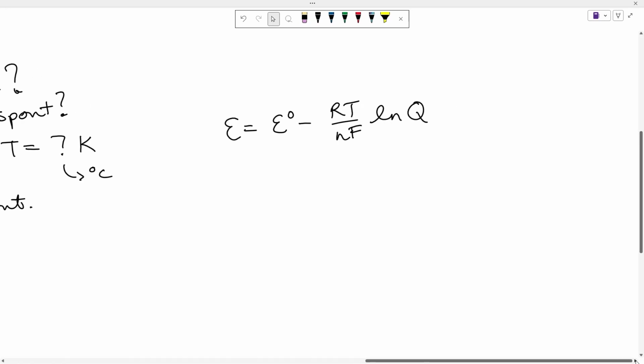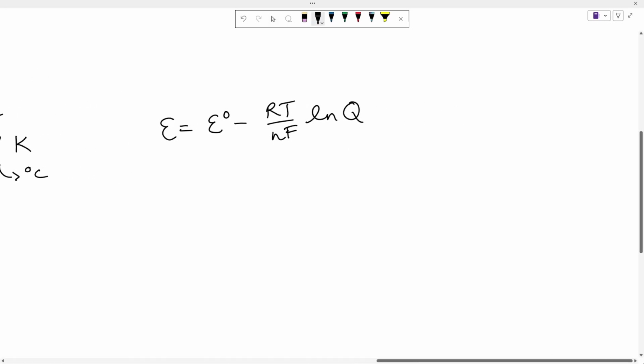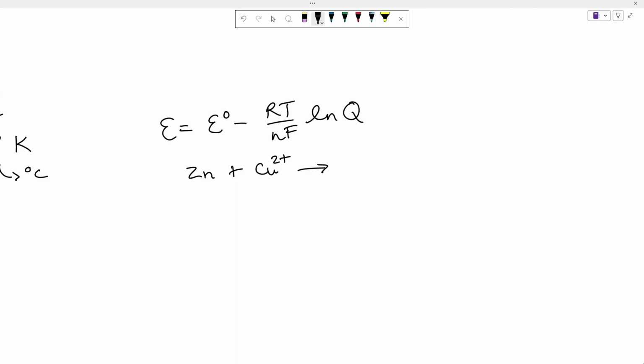Now, let's go back to our zinc copper cell. Zinc plus copper 2+ yields copper plus zinc 2+. Zinc is oxidized. Copper 2+ is reduced to copper metal. So Q would be, I didn't put phases on, but the metals are solids and the ions are aqueous.